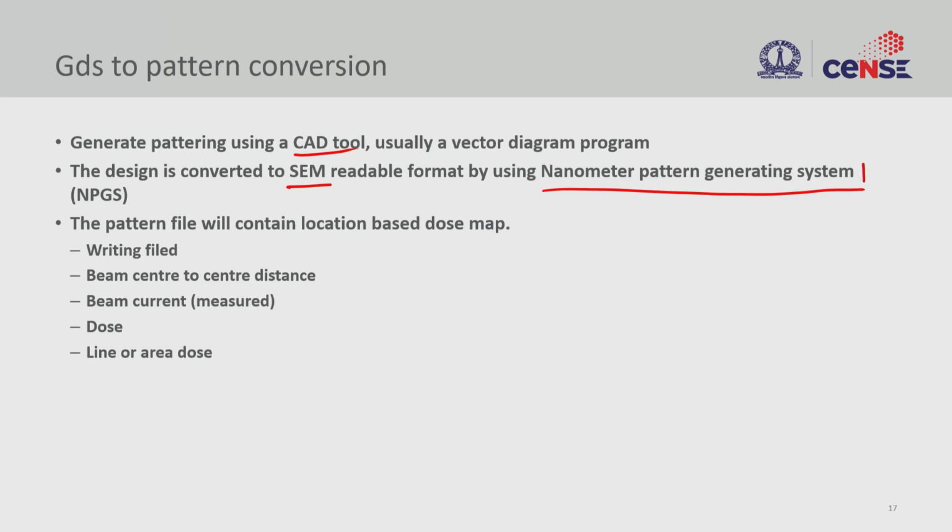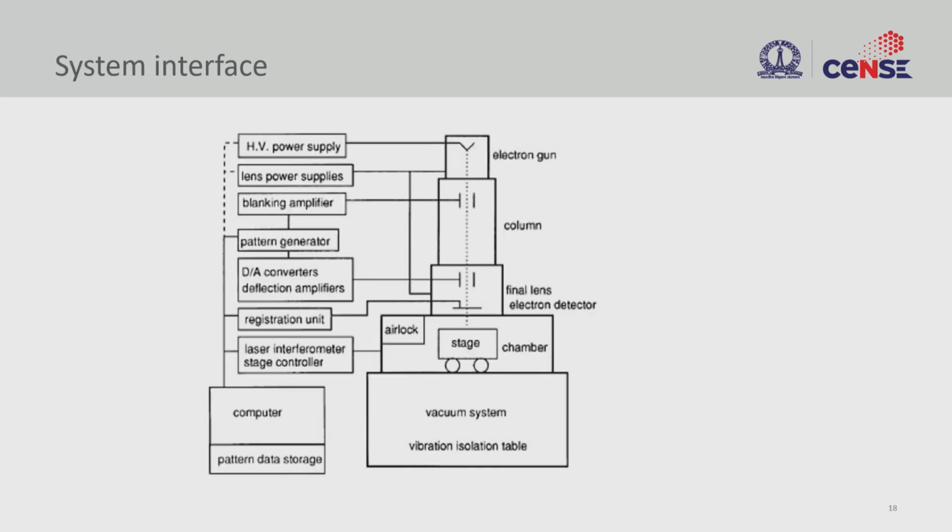So what this one does, it will create the writing field that you want. What is the center to center beam distance, what is the beam current, what is the dose required, whether it is line or area. All that information will be put into this pattern file, right? Once it is there, then you take it to the system, and then you can write it.